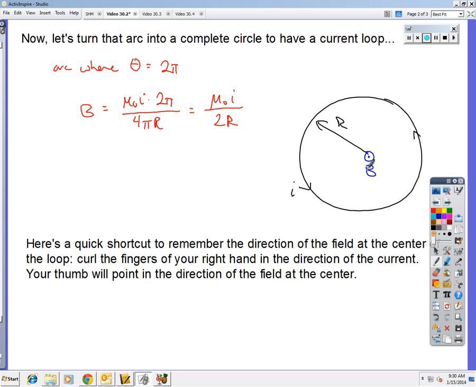If you curl your fingers in the direction of the current, your thumb points in the direction of the field at the center. So if you curl your fingers counterclockwise, you'll find that your thumb is pointing out of your computer screen. That is something you need to know, because current loops are quite common, and you'll have to know the direction of the field even when you don't necessarily need to know its magnitude.